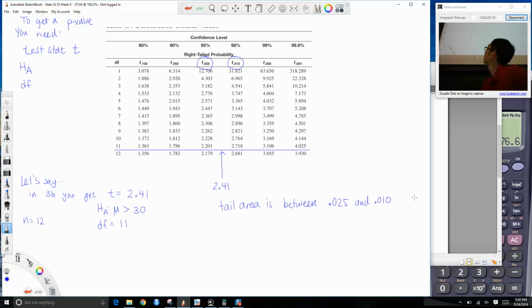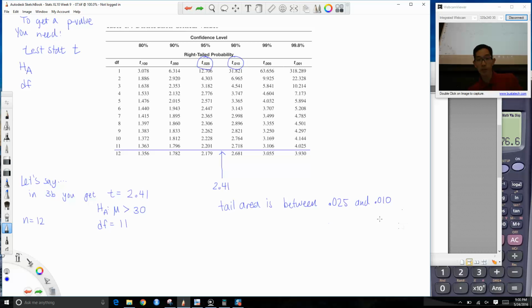Is that okay? So I'm just going to the top of the table where it has t 0.025 and t 0.010. So this is basically 2.5% and this is 1%. So this is 0.025 and 0.01, right?